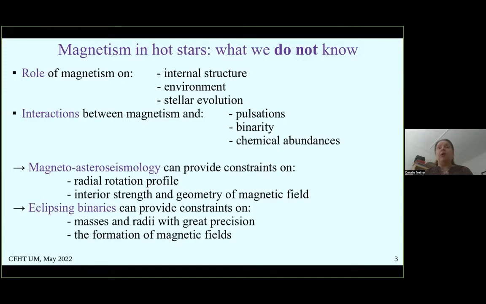For example, some of the magnetic stars may appear because of mergers. Two hot stars that merge can create a magnetic field, and in this case the merger is a single star. So there would be more magnetic single stars formed through this channel. Also, we can think about tidal effects in binary systems that can disrupt the magnetic field, so the magnetic field could disappear in the binary star. So there are many scenarios, many explanations possible, and we want to try to understand which one is the right one.